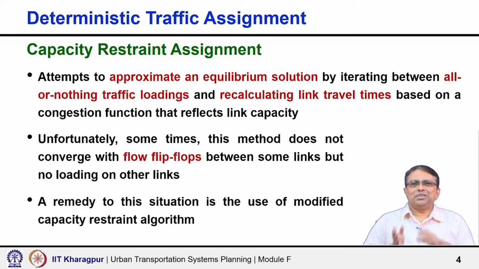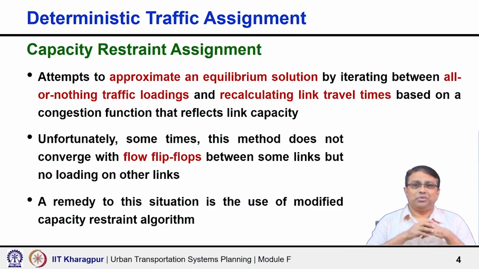In one iteration A is getting loaded, in another iteration B is getting loaded, then again A, then again B. Whatever number of iterations you keep doing, it will keep flip-flopping from one path to another. Only two paths are maybe handling the flow, and the remaining paths are no longer accommodating any flow.